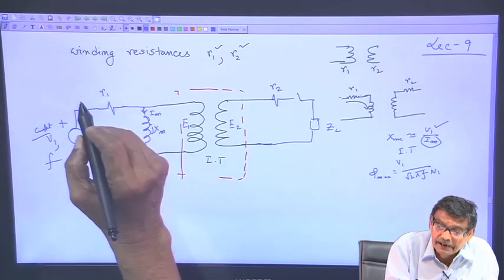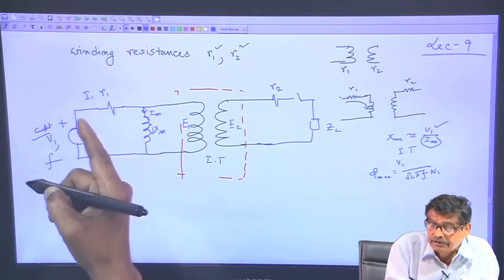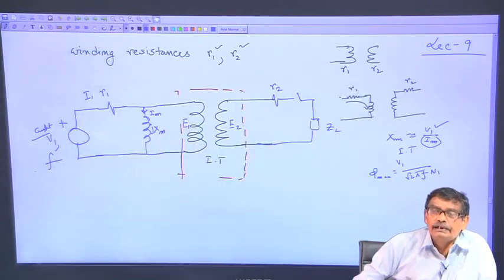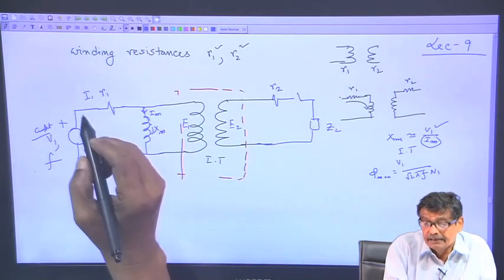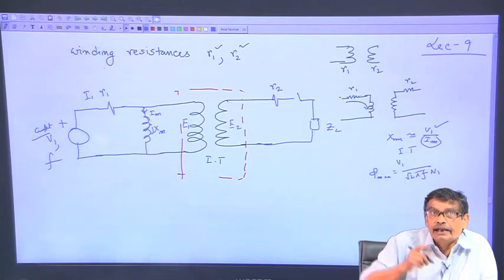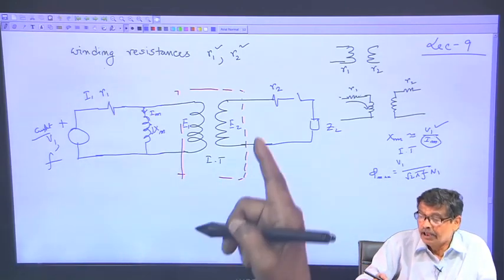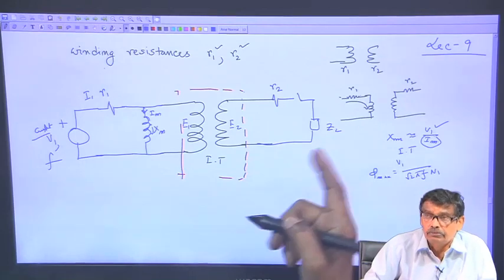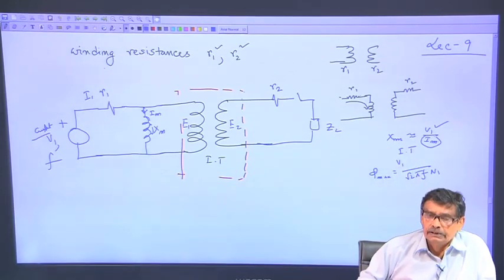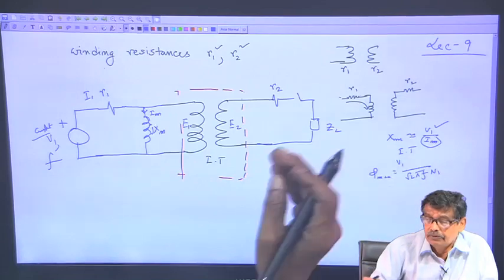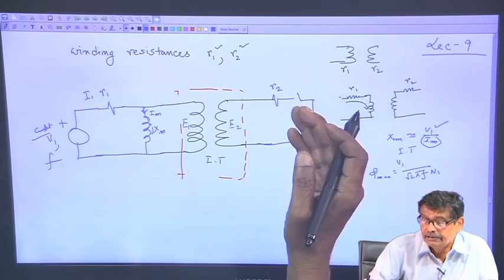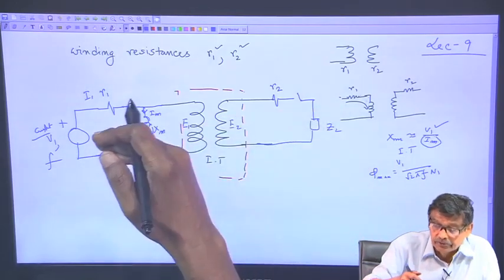This drop depends on the magnitude of I 1 this practical transformer is carrying, and I 1 has I 2 dash plus I m. I 2 dash depends on I 2 and on Z 2. So as you change Z 2, I 2 is going to change, I 2 dash is going to change.